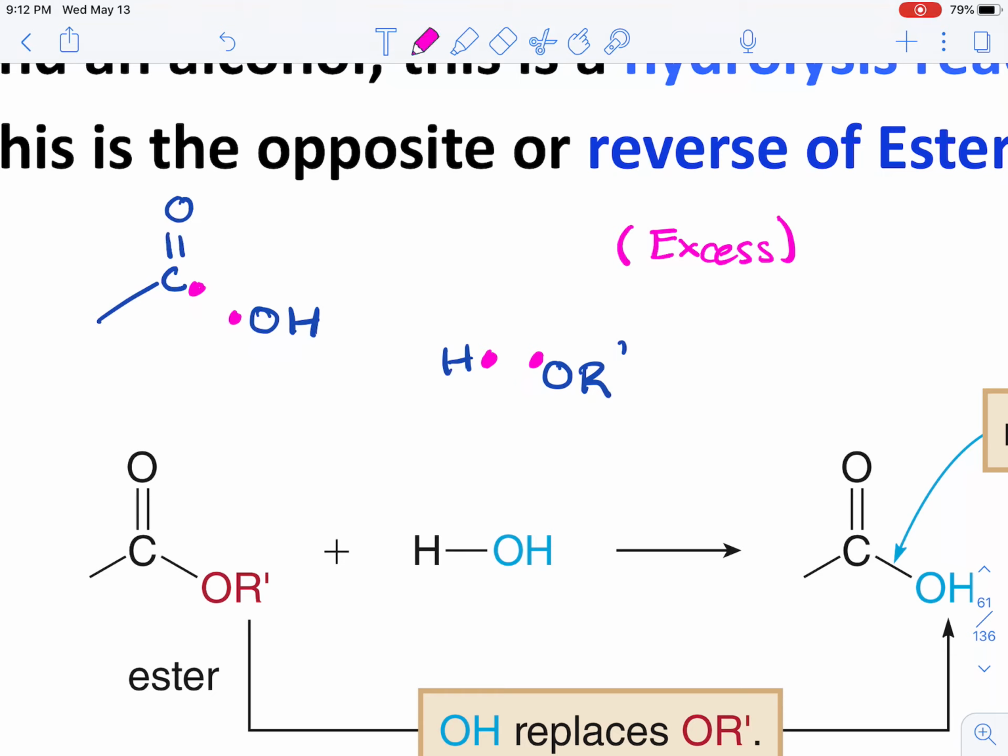And so when the OH in that water molecule shares its electron with the carbonyl carbon, we now have a carboxylic acid.